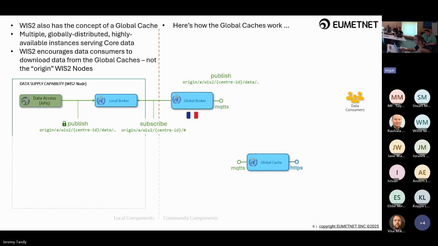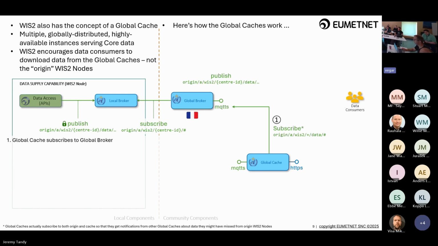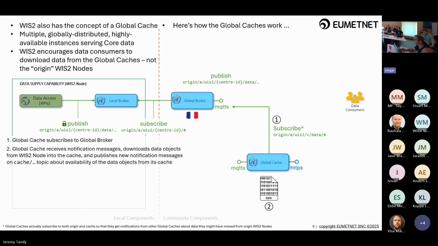Okay, so how does it work? First of all, the global cache subscribes to the local broker. The global cache receives notification messages, downloads the data objects into the cache. They publish new notification messages saying, hey, I've got data in my cache.